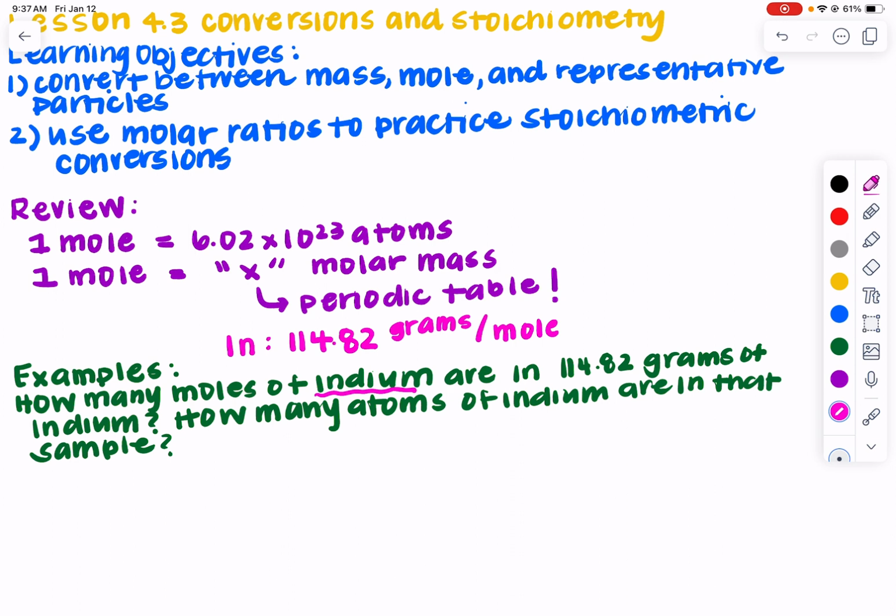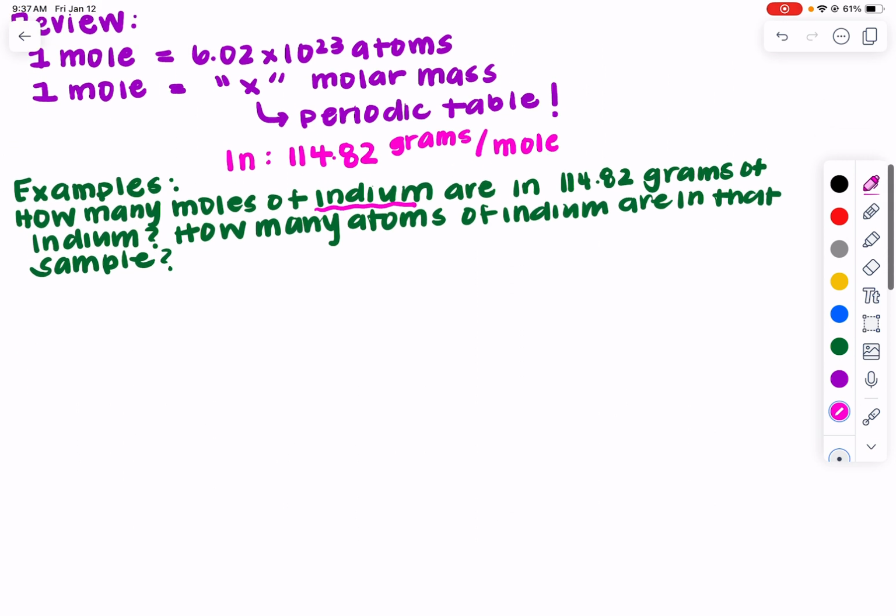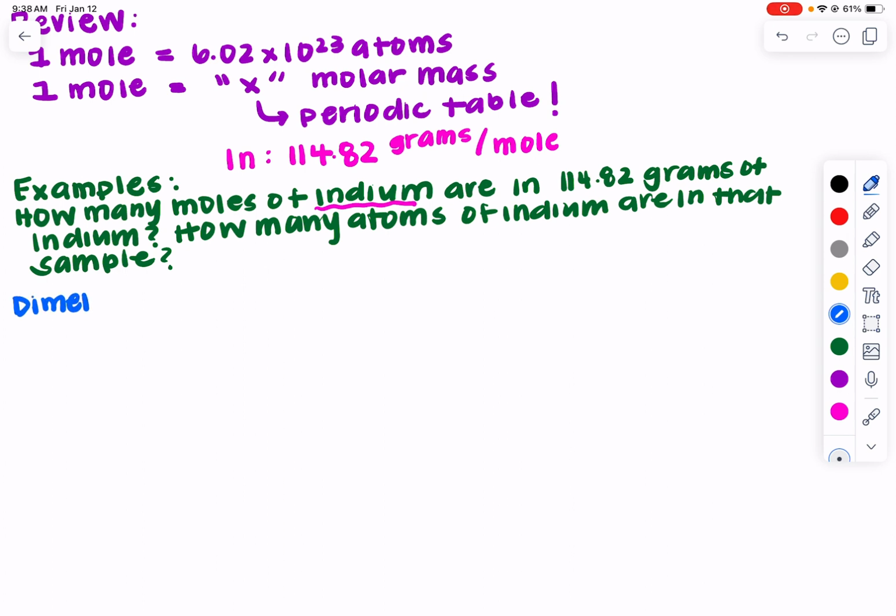And the way that we're going to solve this problem, and again, it should be review from last time, is use this idea of dimensional analysis, setting up our math so that we can multiply and divide pretty easily. We did this at the beginning of the year, and a little bit last class. But I'm going to remind you to always, number 1, start with what is given to you.